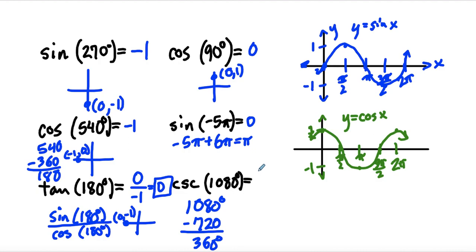Cosecant means it's just going to be 1 over sine of 360, and we've got a problem, because at 360, sine is 0. So that means it's 1 over 0, but that can't work. We can't have a 0 in the denominator, so this last answer would be does not exist.